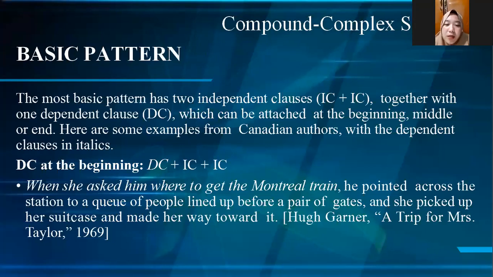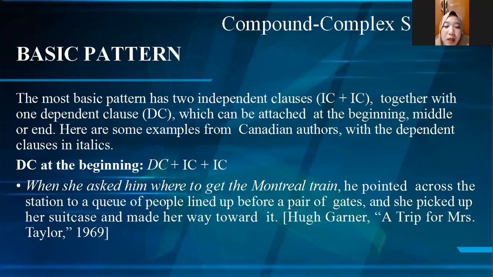which can be attached at the beginning, middle, or end. Here are some examples from Canadian authors with the dependent clause in italic. Dependent clause at the beginning: DC plus IC plus IC.